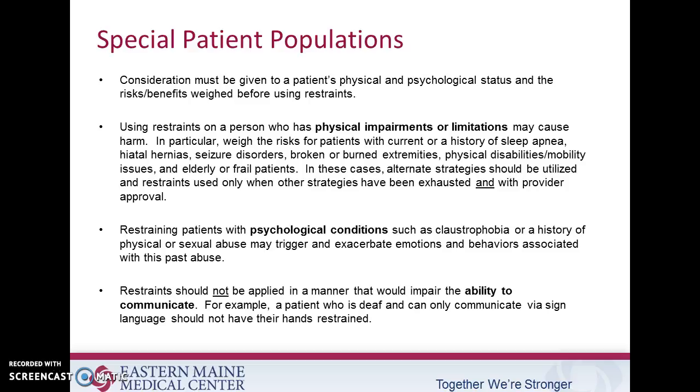Restraining a patient with that type of history can really be a trigger and exacerbate a lot of those emotions that were associated with the abuse, and bring on some behaviors that may escalate the situation even further. And then claustrophobia is also another consideration, so a lot to think about there.